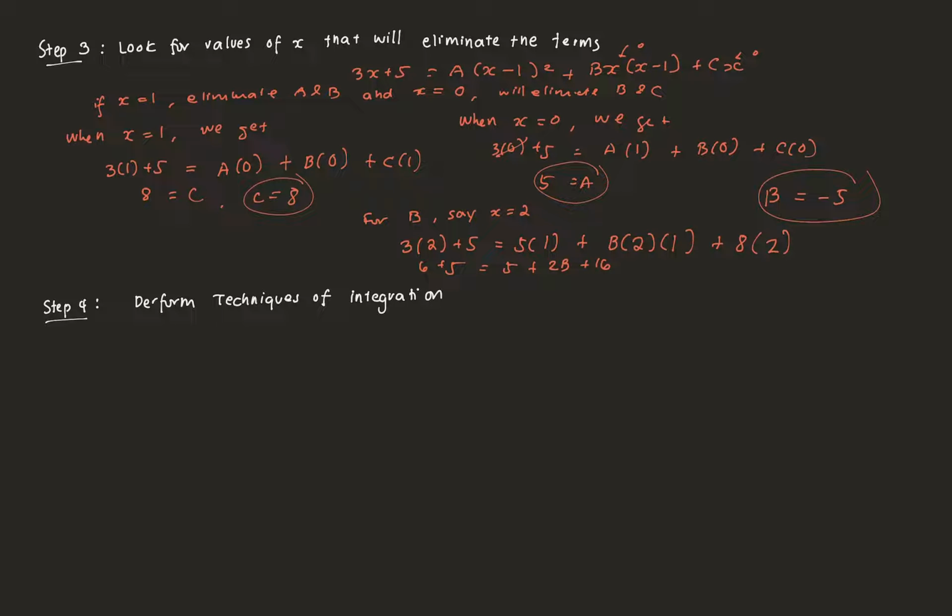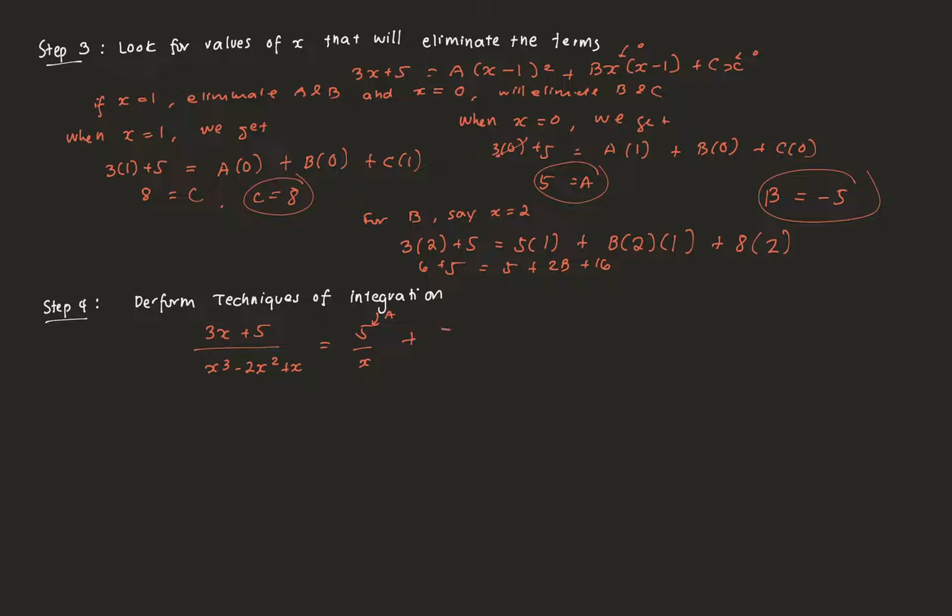So we now have a term for each of our given, and we're going to notice that this integrand, 3x plus 5 over x cubed minus 2x squared plus x, we can rewrite as 5 over x, so this is a, plus b over x minus 1.